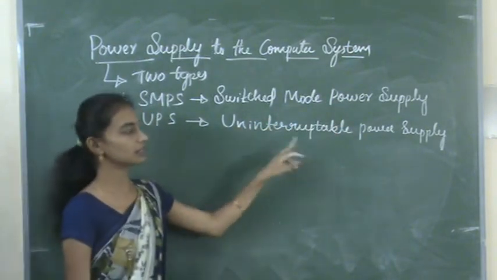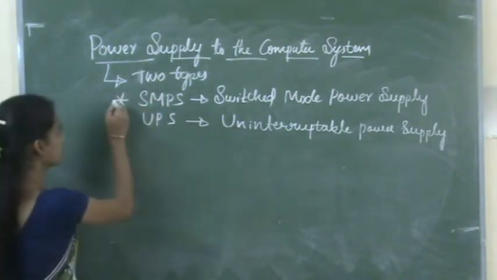UPS stands for uninterruptible power supply. These are the two types of power supply. So SMPS stands for switched mode power supply, and UPS stands for uninterruptible power supply. We will study one by one.